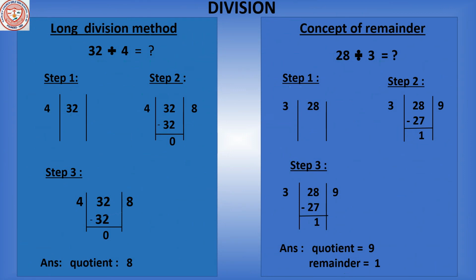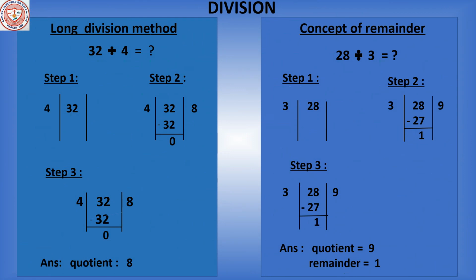First, you have to write the numbers as shown. That is step 1. Second, use the multiplication table of 4 to find the quotient. That is step number 2.